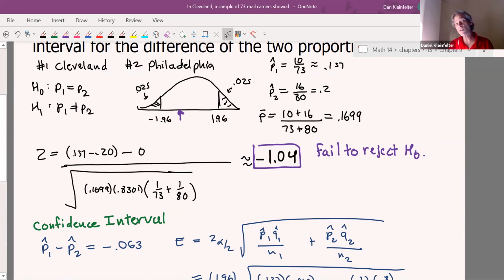Okay, that takes us to the end of our example. And that also takes us to the end of section 9.1 as well. So in section 9.2, we're going to be doing materially the same thing as we were here, only instead of statements about two proportions, we'll be making statements about two means. So if you've got two populations and you've taken two samples, can you say the mean of one is higher than the mean of the other, or lower, or maybe not equal?